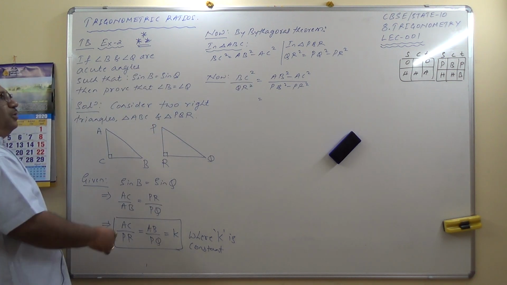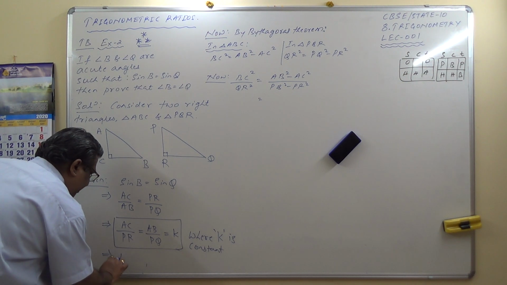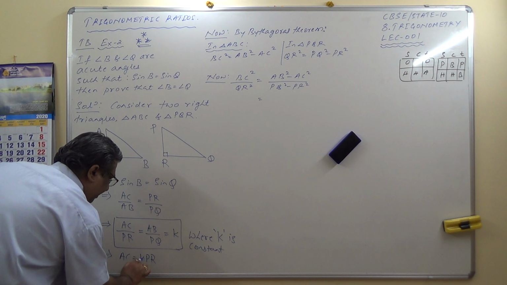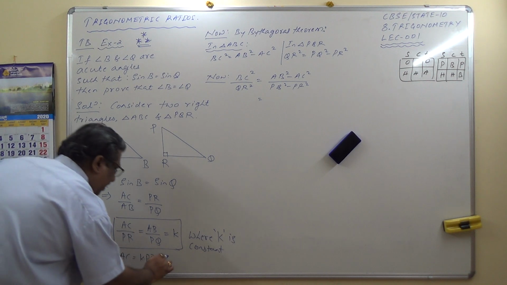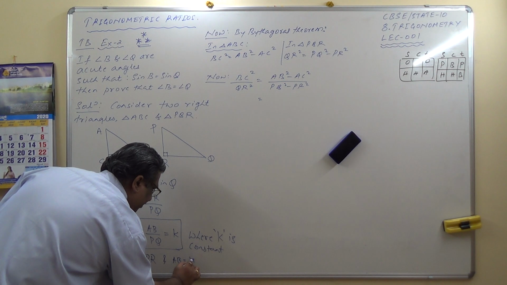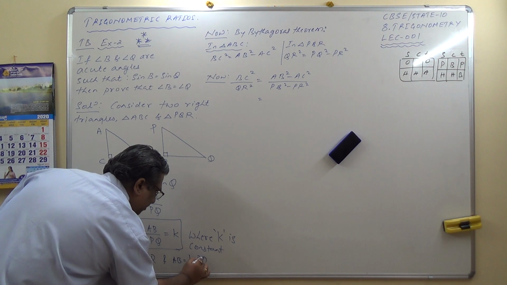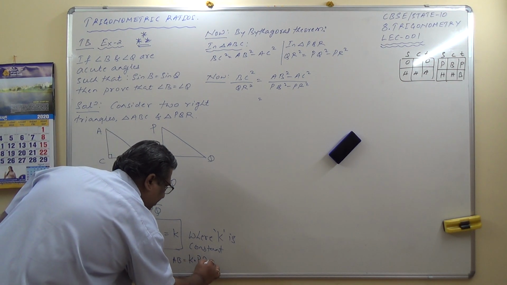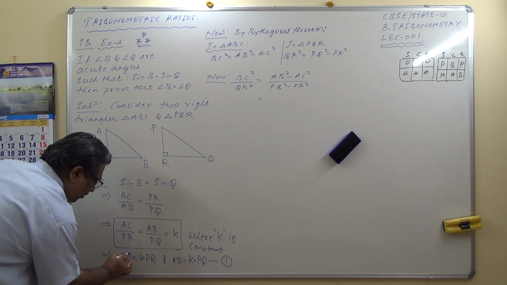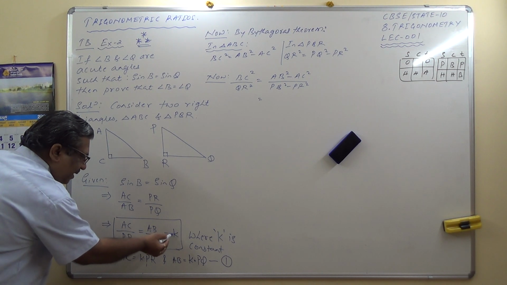Or you can do one more thing. Here itself I will mention, implies AC equals K times PR and AB equals K times PQ, and you mark it 1. I hope you are able to understand clearly: AC equals K times PR and AB equals K times PQ.